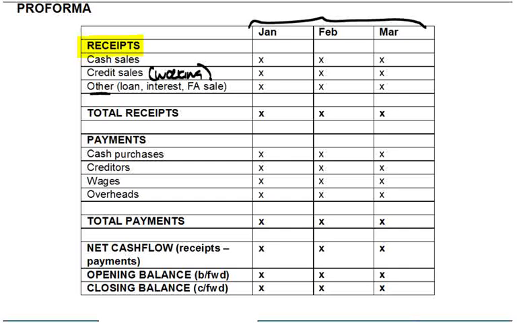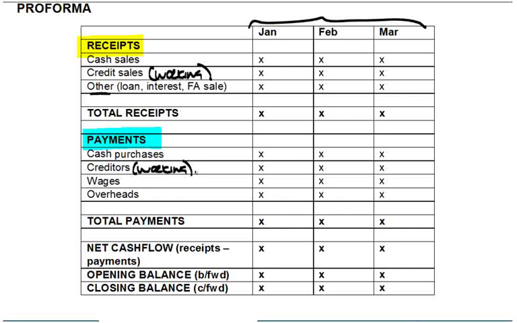Past that, we've then got our payments. So cash purchases, again, relatively straightforward because we're going to know exactly when we've purchased them, which month. Creditors, well, again, we're going to need to do a working probably to establish when we've paid our suppliers.